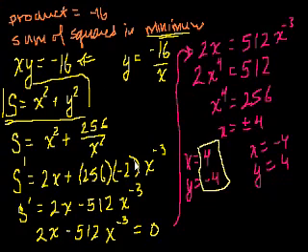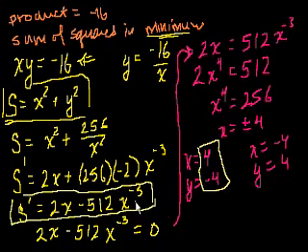So this was the first derivative. What is the second derivative? So s prime prime is equal to 2, and then we'll see, minus 3 times minus 512, so that's plus, and what is that, 1536?